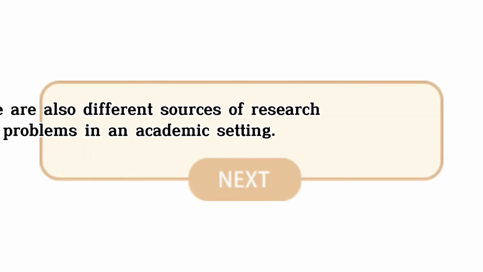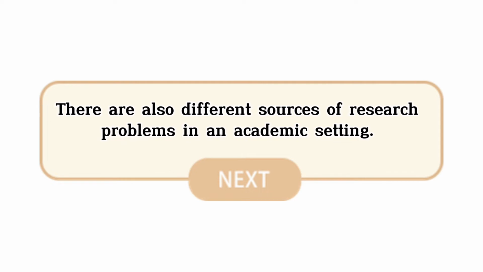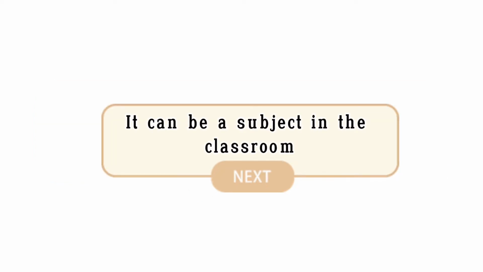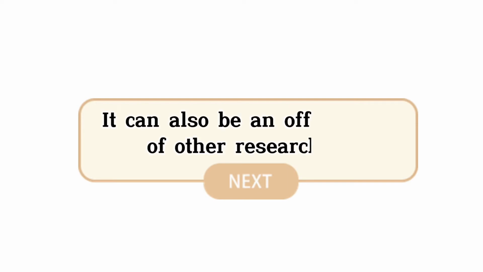There are also different sources of research problems in an academic setting. Number one, it can be a subject in the classroom, or an event that you have observed and sparked your curiosity, especially if it would affect the majority. Number two, it could also be an offshoot of other researchers' work.